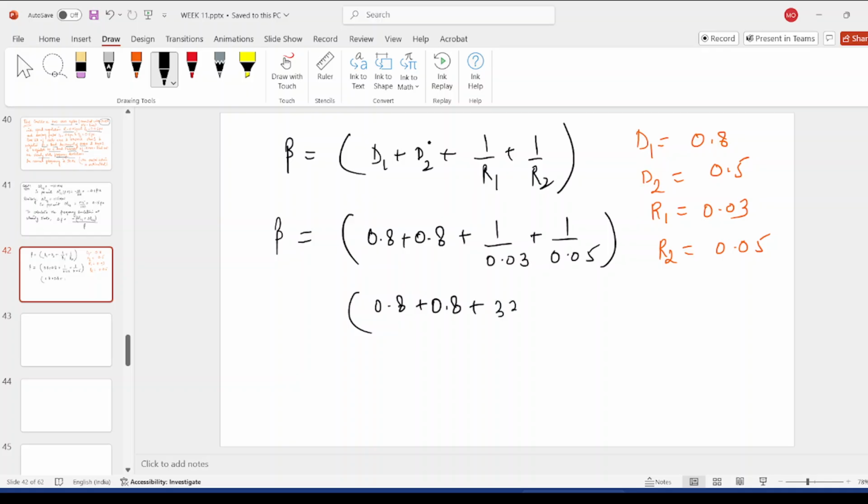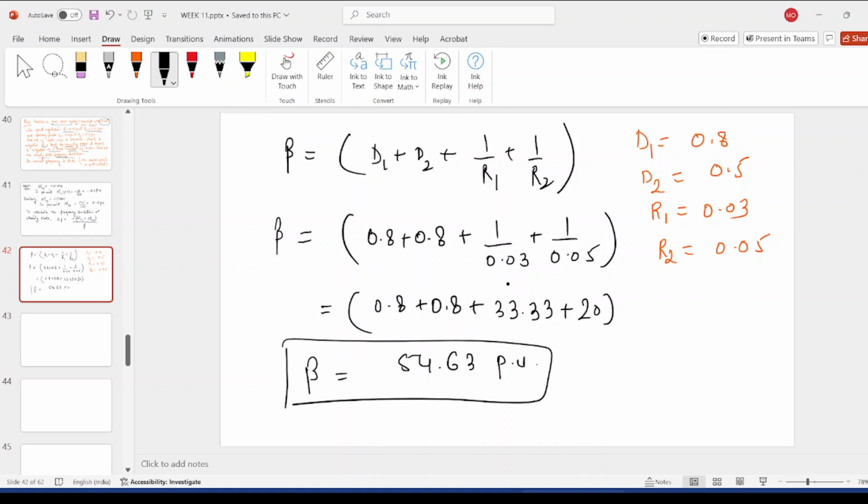This value comes out to be 33.33, and 1 divided by 0.05 is 20. If we add it, it comes out to be 54.63 per unit. So the effective value of beta for two areas comes out to be this.